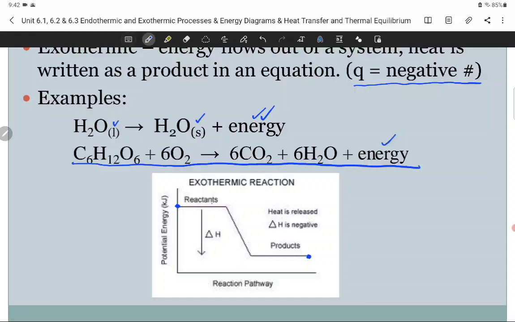But you start off with high energy and you end up with low energy. How much energy did you lose? The difference between those two spots. Okay, and since it went down in energy, negative. We don't know what delta, well, delta is change. For us, H is going to be heat. Later on, we're going to experience that H has another name, but we're not quite ready to do that yet.